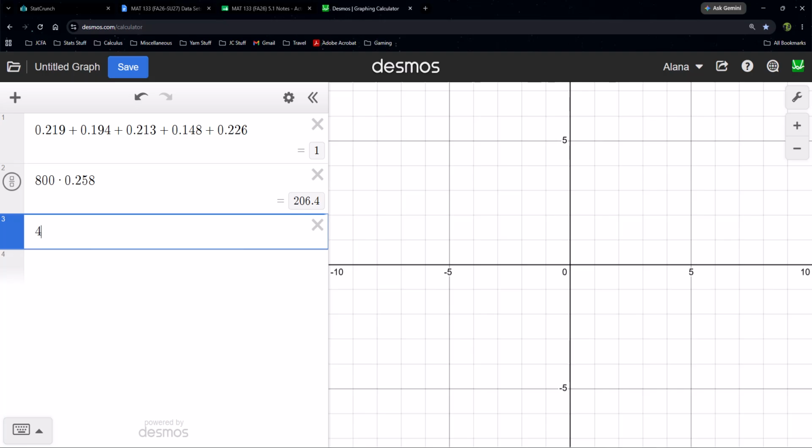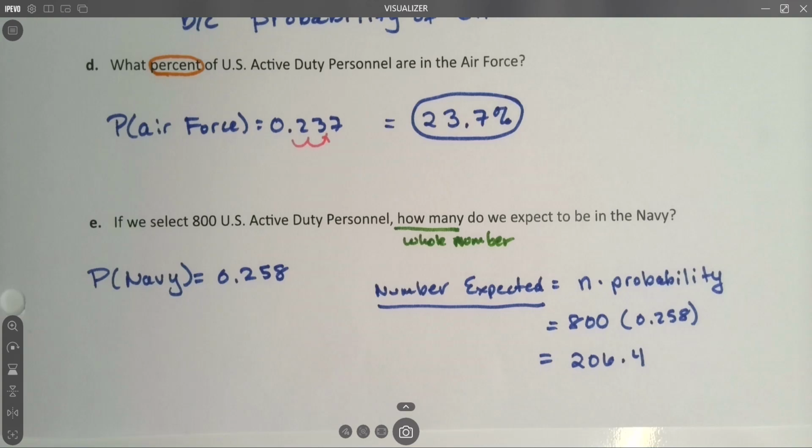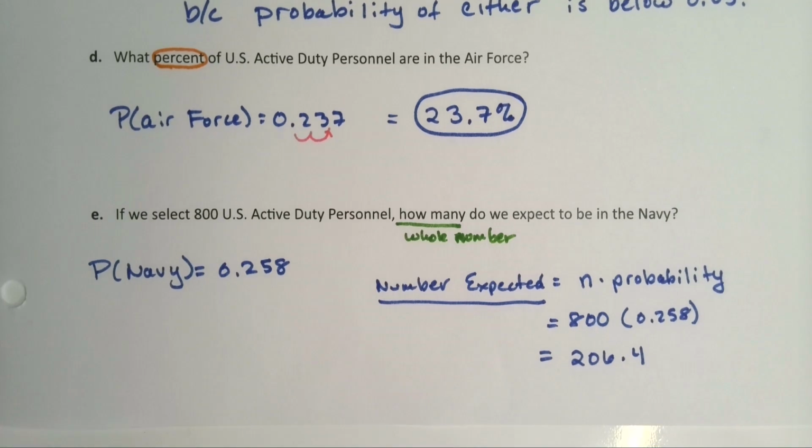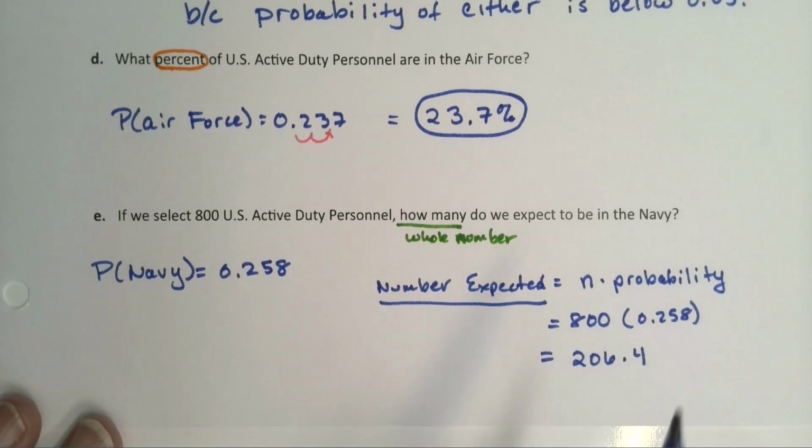It's just more trouble than it's worth sometimes, but you could divide. There you go. There's the Army, 0.339. And you could just keep doing things like that over and over rather than doing the Google Sheet. I just did the Google Sheet because it's quick and easy and it finds all of them quickly. But it's not required. There's no assignment for it. So if you want to use a calculator, use Desmos and find it by hand, then so be it.